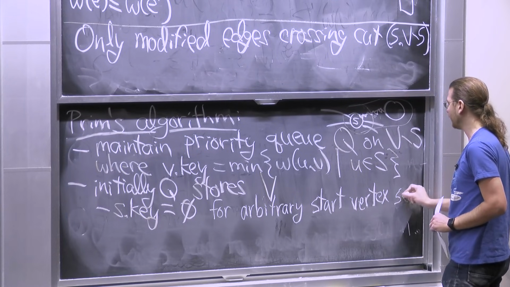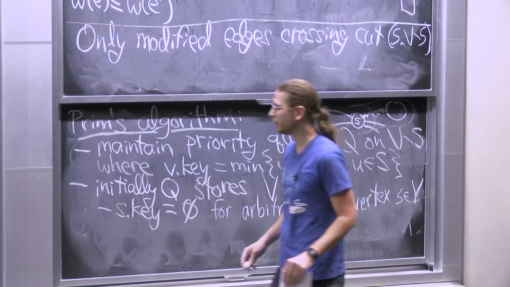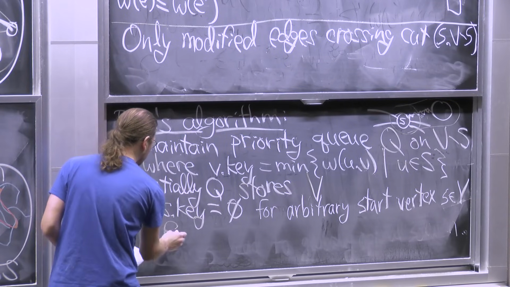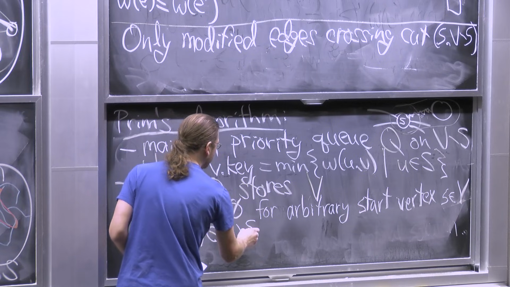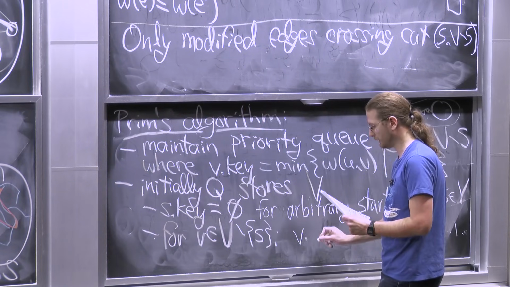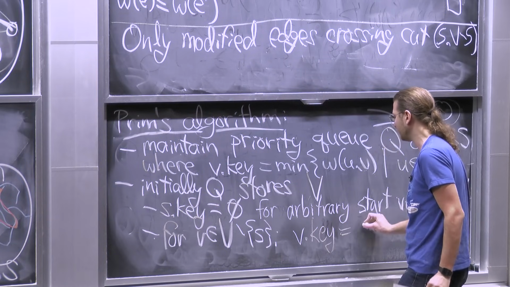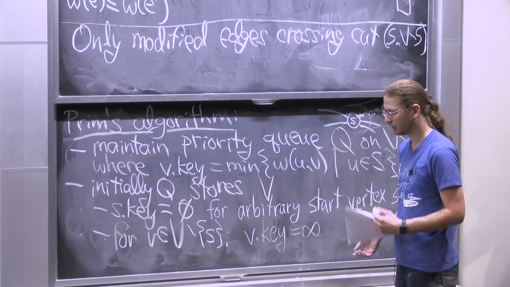Just pick one vertex and set its key to 0. That will force it to be chosen first, because for everyone else, for v not equal to s, I'm going to set the key to infinity, because we haven't yet seen any edges that go in there, but we'll change that in a moment.